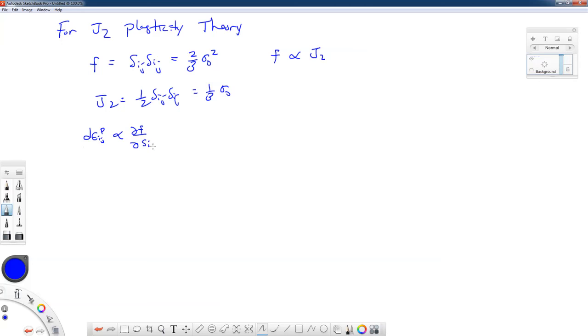You can also say they're proportional to the unit normal that is at that point on the yield surface. So again, with our yield surface, whatever shape that it takes, in this case it's going to be a hypersphere for J2, this unit normal here is going to be in that same direction as our plastic strain increments.